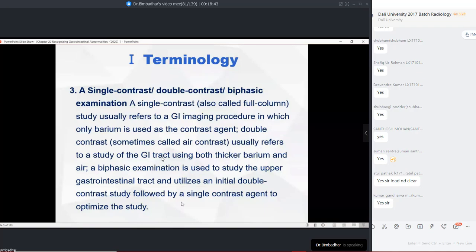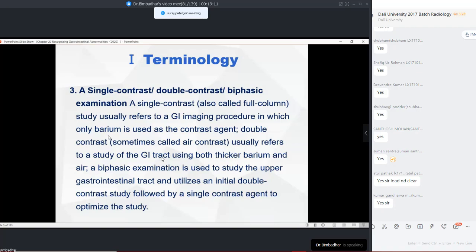A single contrast, also called a full column study, usually refers to a GI imaging procedure in which only barium is used as the contrast agent. So remember, a single contrast, the name itself indicates that we are trying to produce an image of the GI tract utilizing only barium sulfate as the contrast agent.